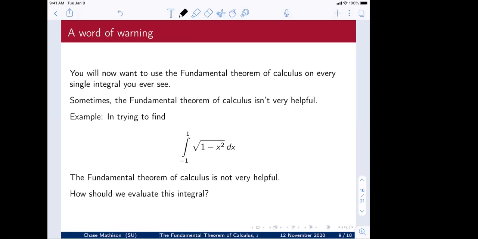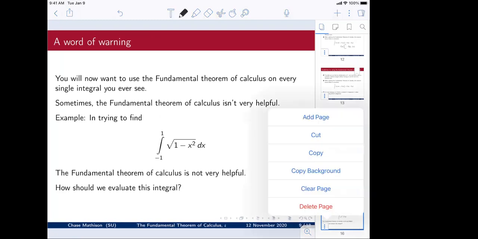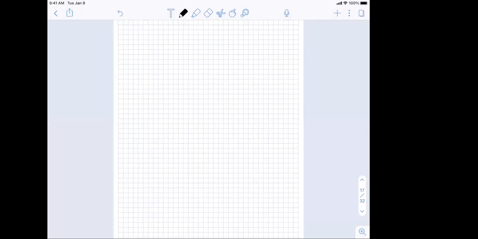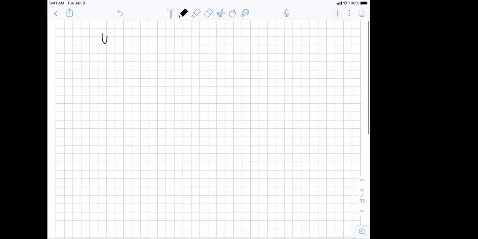And I kind of showed you this problem the other day. So if I'm trying to find the area under a curve, well, let's look at the actual curve that I'm trying to find the area under. I'm looking at the area under y equals the square root of 1 minus x squared, right?